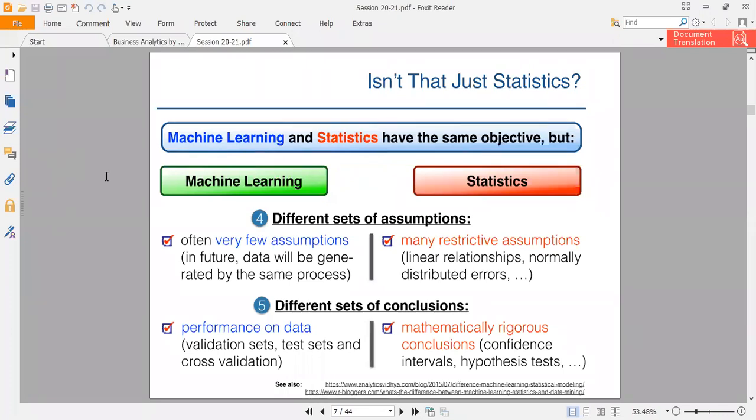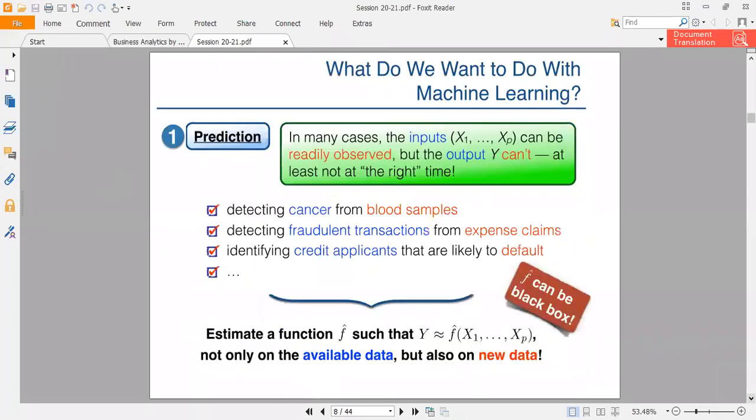You train your model on one part, and then you test it on the other part to figure out how accurate its predictions are. Right, so that's generally how it works. We'll look at it in detail in the next few classes, but this is just the overview. So these are some ways in which machine learning differs from statistics.